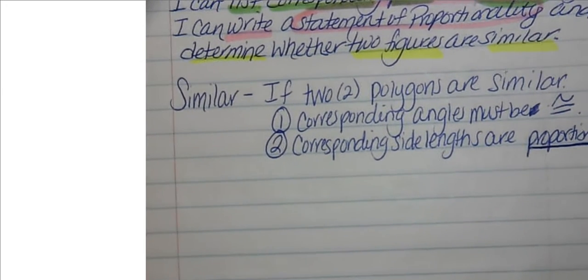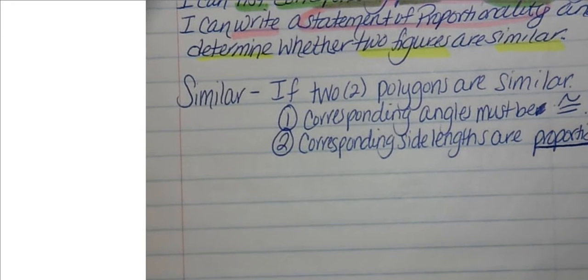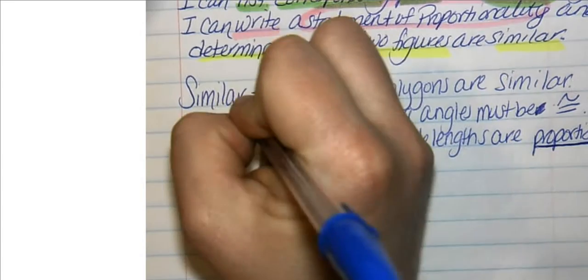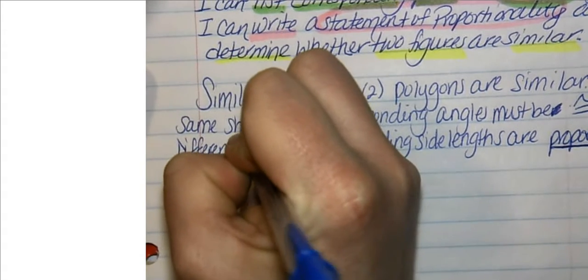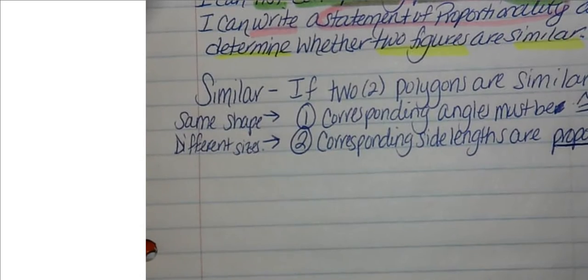So similar figures essentially are two shapes or two figures that have a similar shape. So that's what this first one means, is that they have the same shape, but they likely have different sizes. So similar figures have the same shape and different sizes.